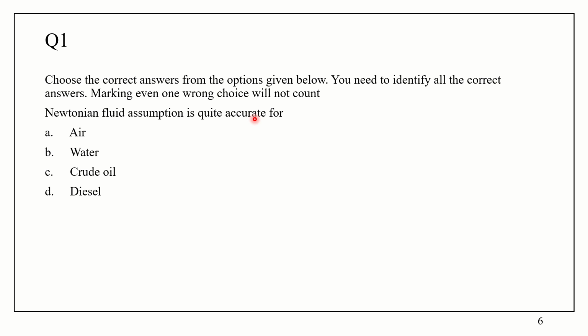So I'll give you that clue. Now you need to identify the answer. I have given a clue, so if you can answer, it will be well and good.